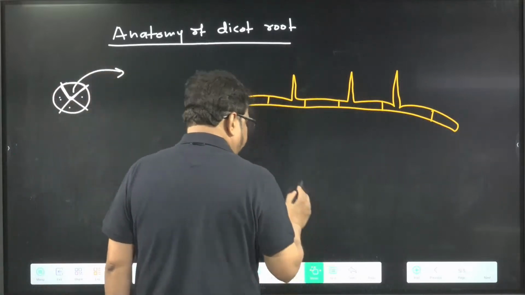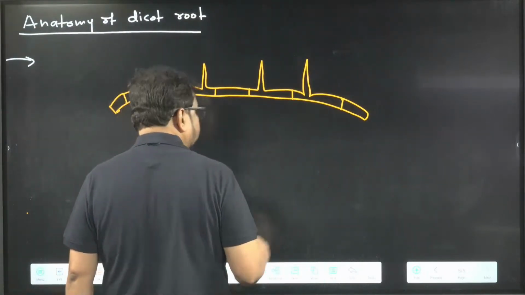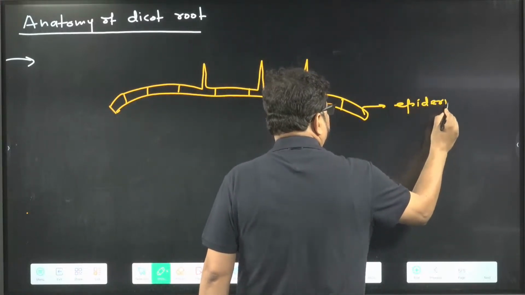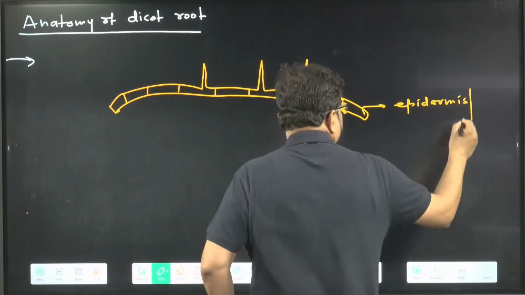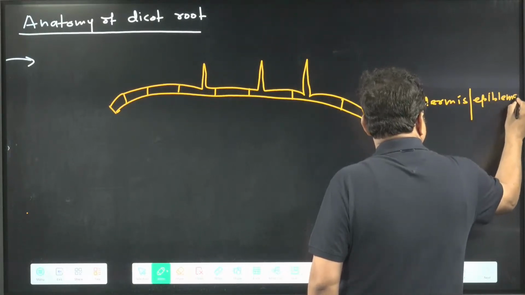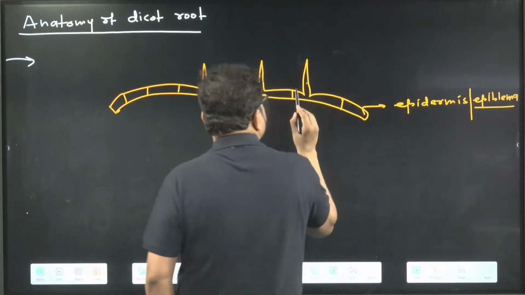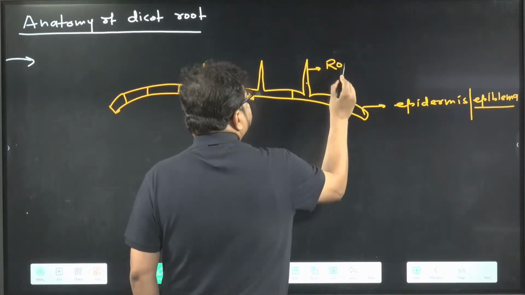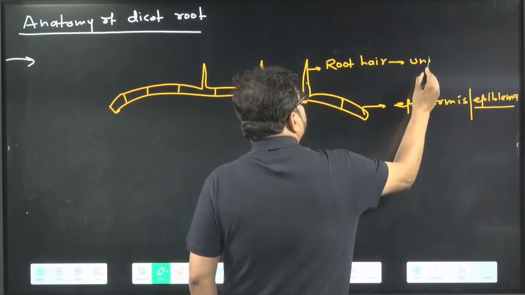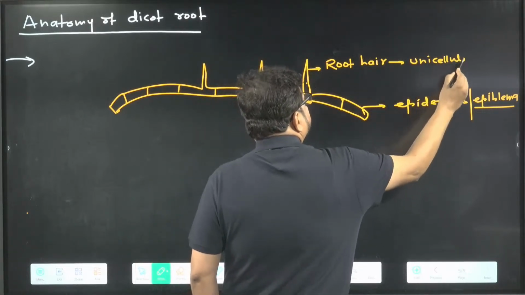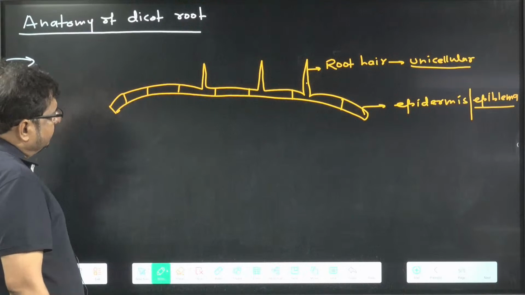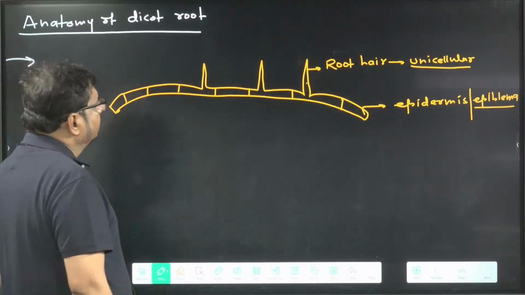So this is the epidermis or epiblema. And what is protruding from the epidermis? Root hair. And this root hair is unicellular. This is the unicellular root hair. Understanding the idea? Clarity came in the mind or not?